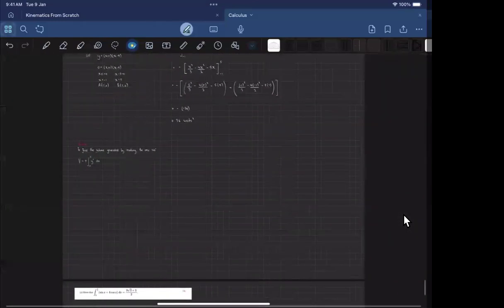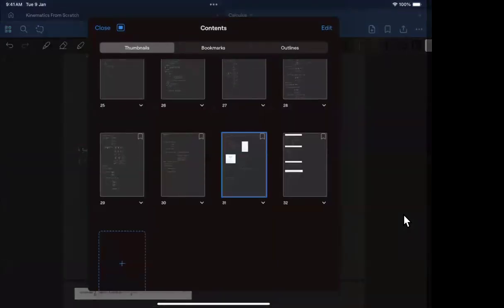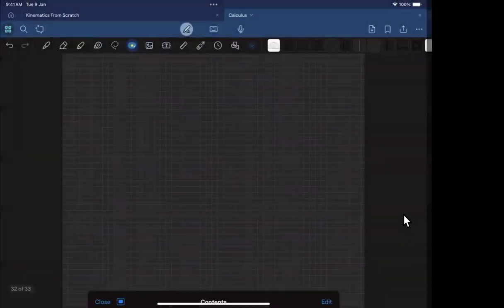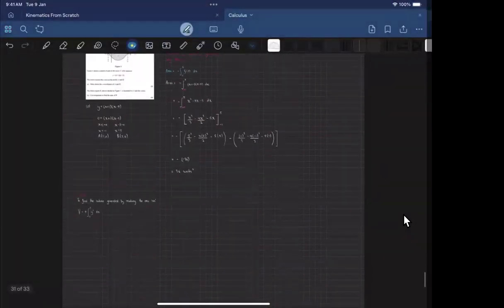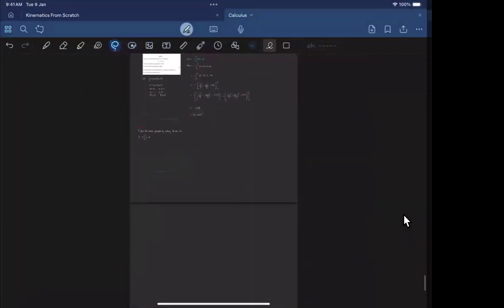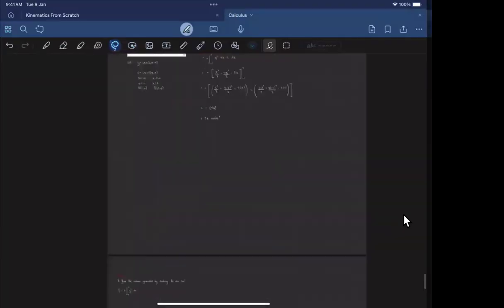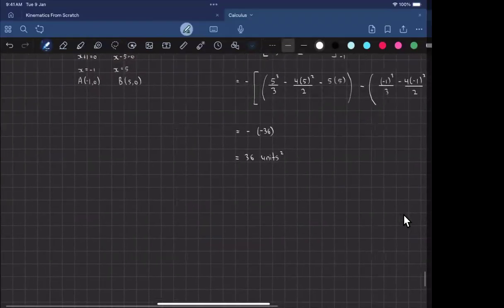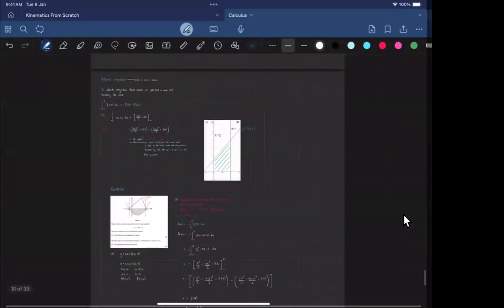All right, so I'm going to do one more case with area, and this is the hardest case. So this topic is finding an area between two graphs.